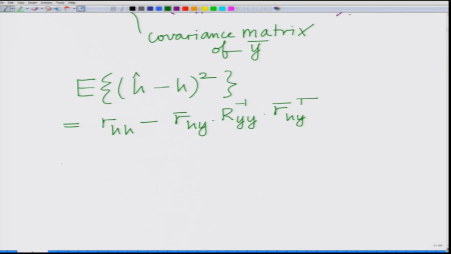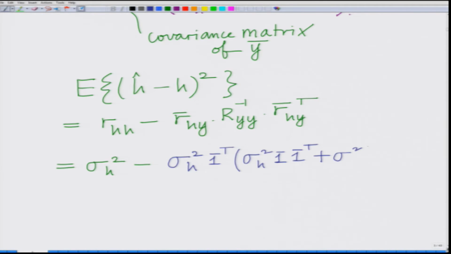So I can write this as sigma_h square minus R bar_hy, which is basically sigma_h square 1 bar transpose, times the inverse of (sigma_h square 1 bar 1 bar transpose plus sigma square identity), times 1 bar sigma_h square.